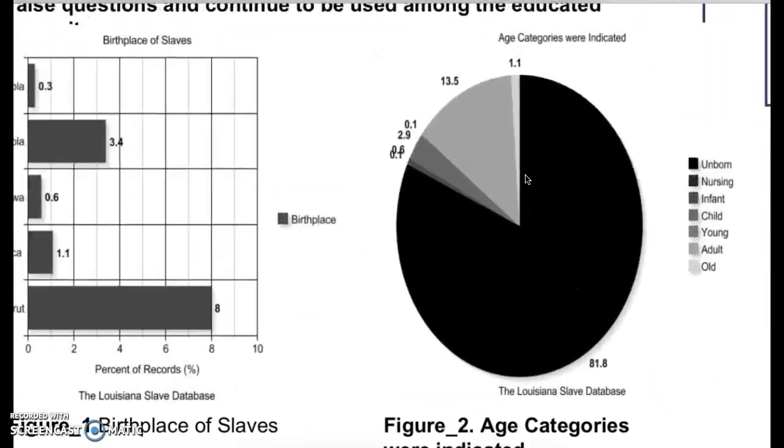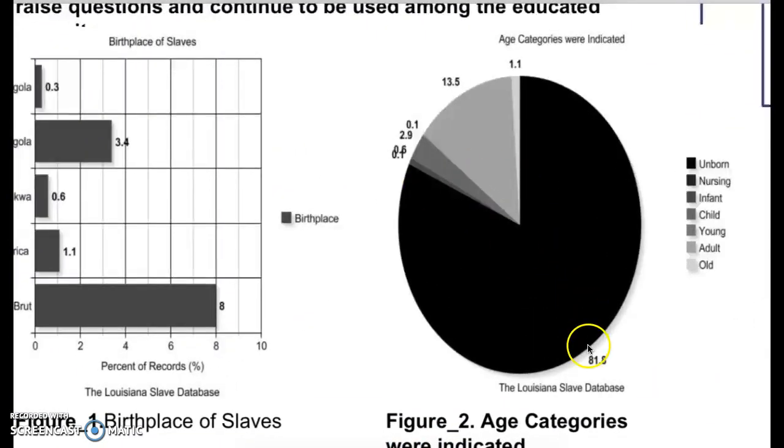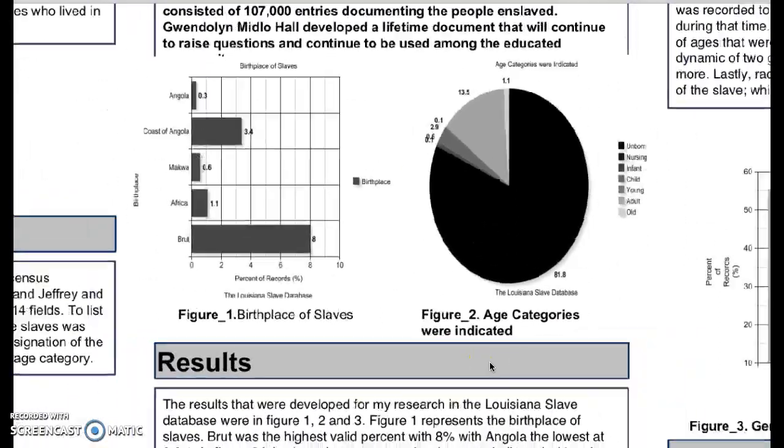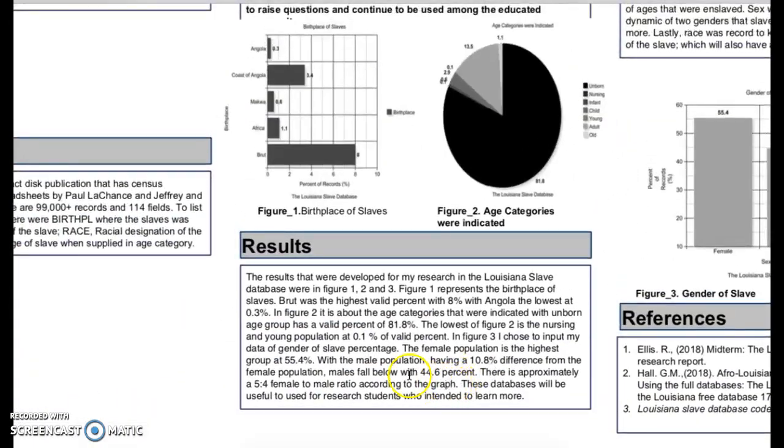And I used a pie chart to represent this information. So here it shows that this is the unborn percentile. And then here this is the 0.1. Also here is 1.1, very small here for the lowest.